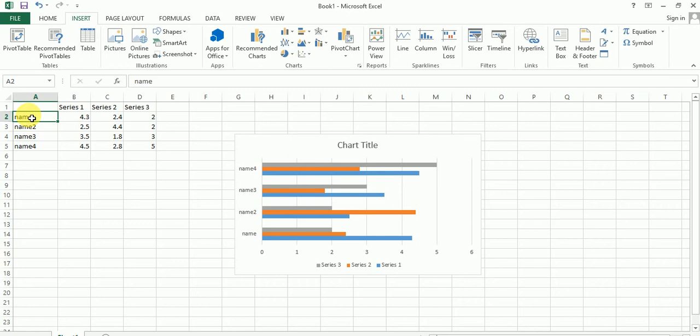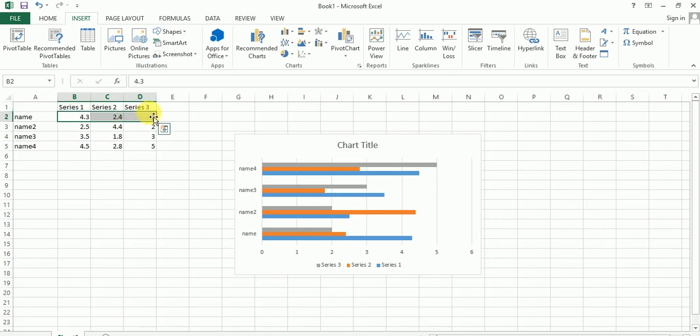So comparison can be made among different items in a set of horizontal bars or vertical bars. Bars depict values on the horizontal axis, whereas categories are on the vertical axis. Values on the horizontal axis, this one: 4.3, 2.4, and 2.